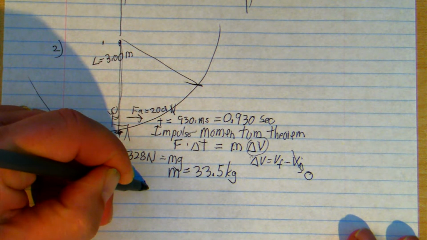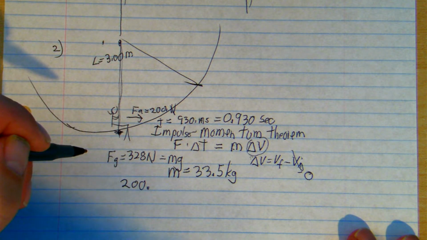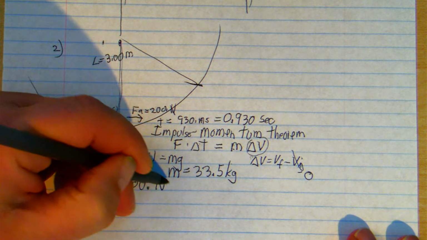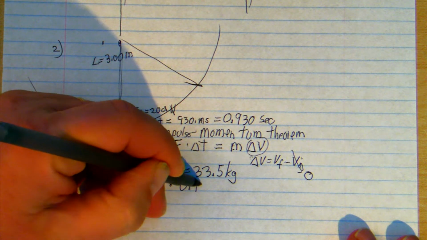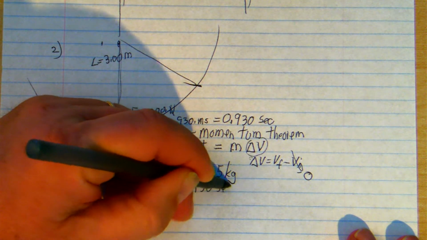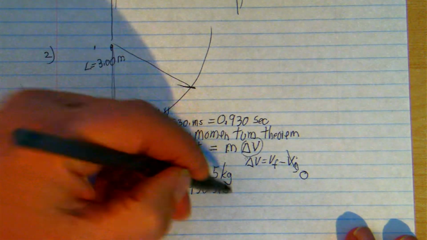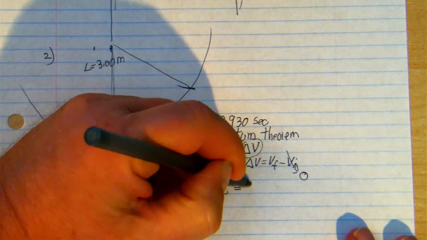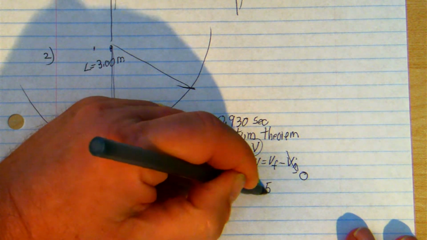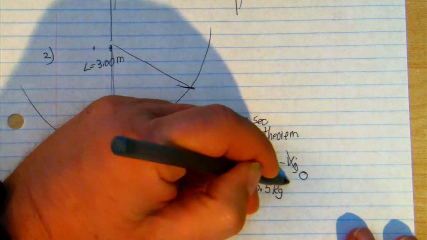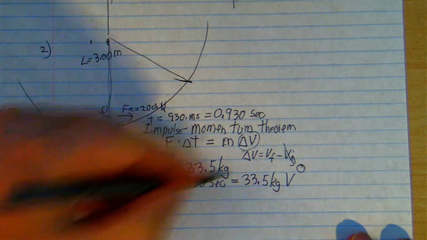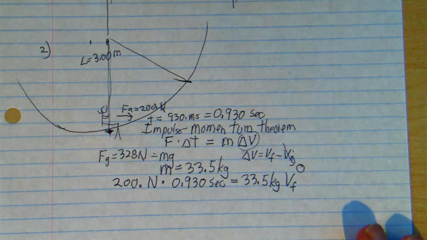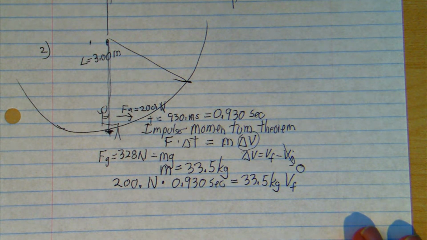200 newtons times 0.930 seconds equals 33.5 kilograms times her speed after this push.